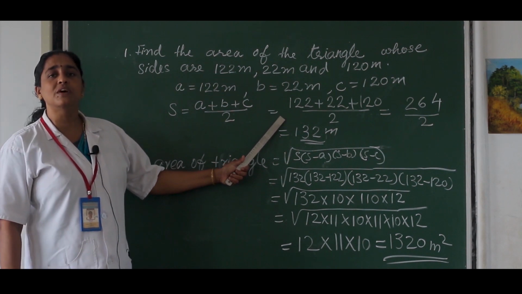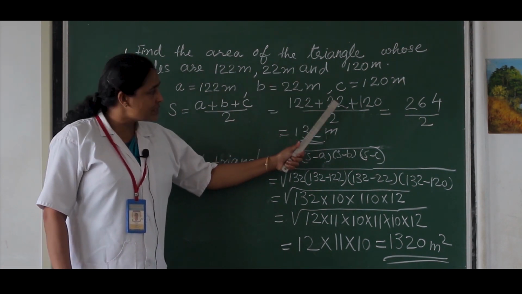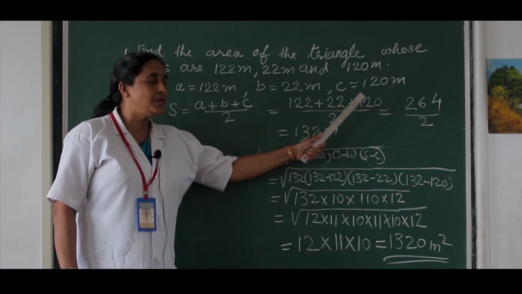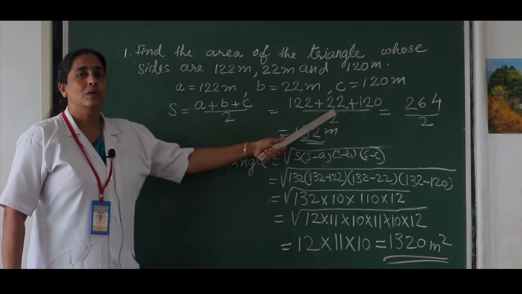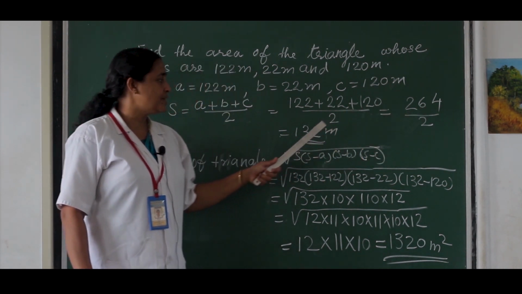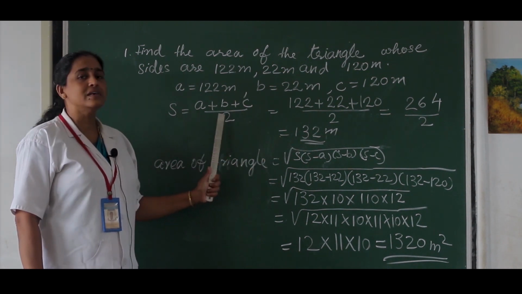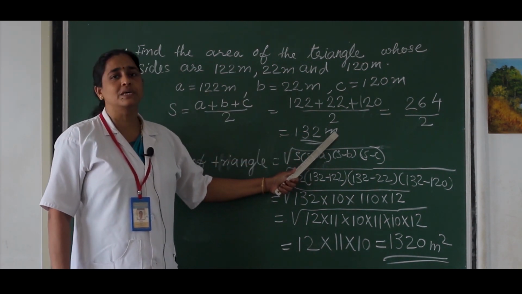We can substitute the values: 122 plus 22 plus 120 divided by 2. So it goes like this, 264 by 2, that is 132. So we found s equal to 132 meter.